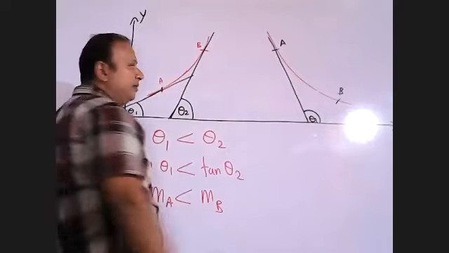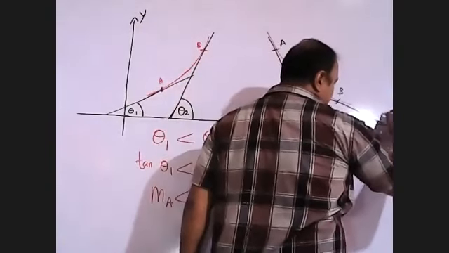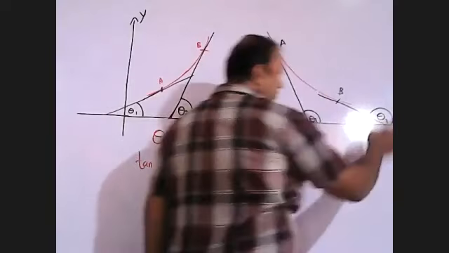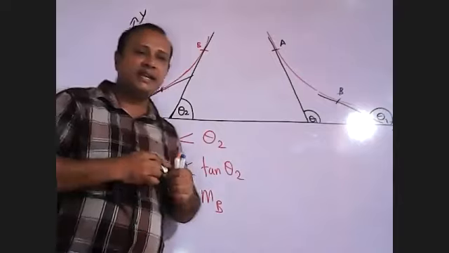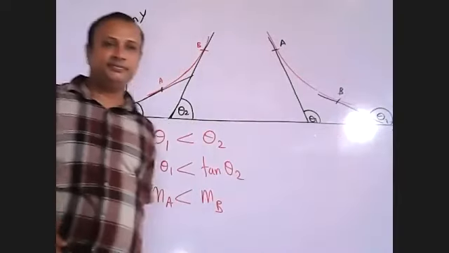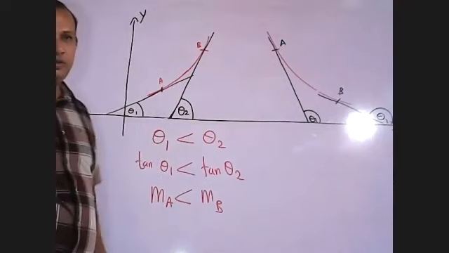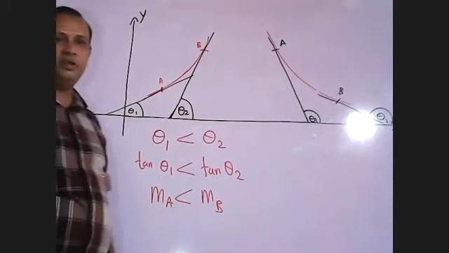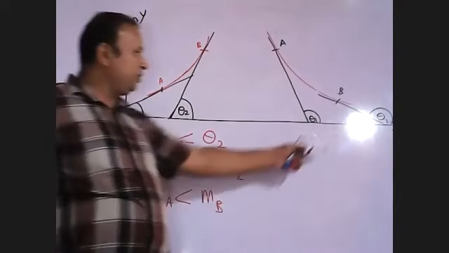Angle of B, this is theta 2. So what is the highest angle, theta 2 or theta 1? Theta 2. Yes, very good. Theta 2 is the highest angle.